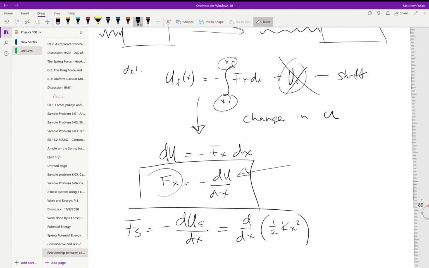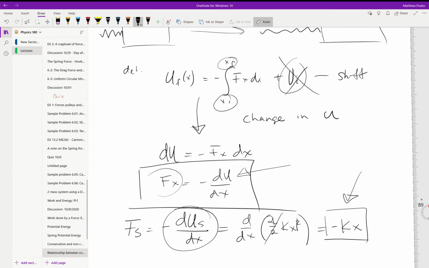Differentiating drops the exponent down after we multiply by the 1/2, so those cancel. What do you know? We get minus kx. So we just verified that if we take the derivative of a potential function and it is conservative, then we get back the force.